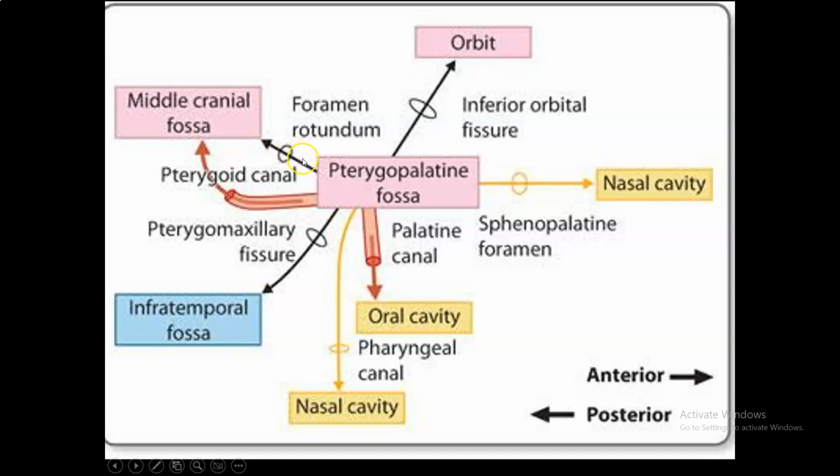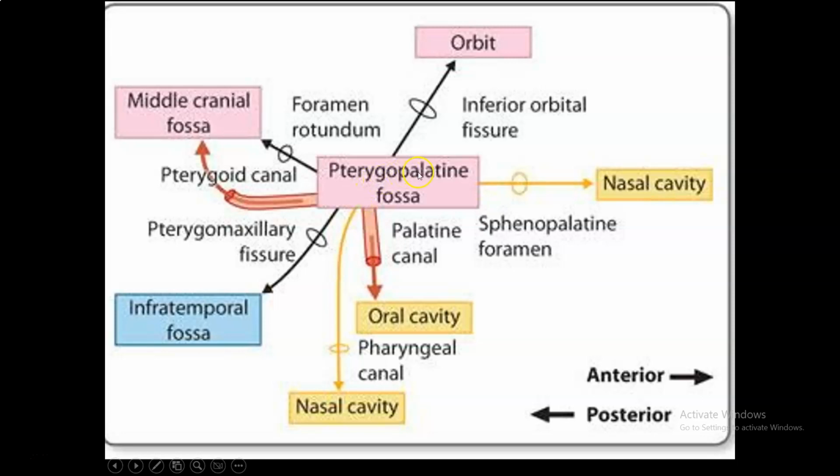Here the medial wall of the middle fossa, foramen rotundum, is present in the roof of the pterygopalatine fossa, but ovale and spinosum in the roof of the infratemporal fossa, and then the pterygoid canal also to the middle cranial fossa. Remember, the pterygoid canal is the canal carrying the greater superficial petrosal nerve, and through the pterygomaxillary fissure, as we said, to the infratemporal fossa.